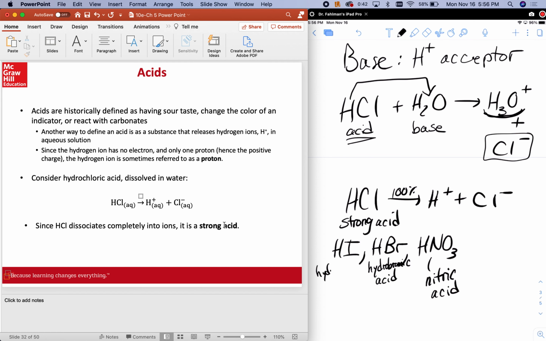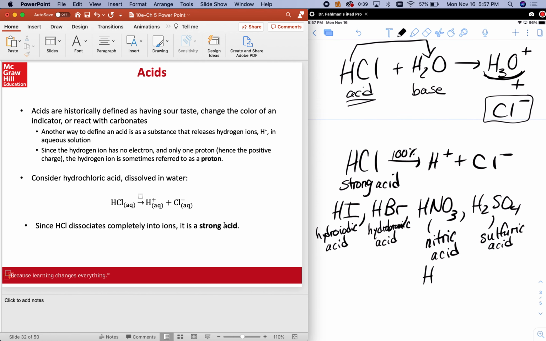This is hydroiodic acid. And then I'm sure you've heard of that one: this is sulfuric acid, H2SO4. And another one is HClO4, which is perchloric acid.